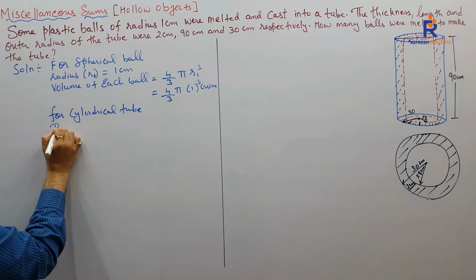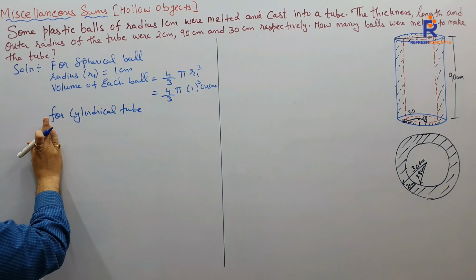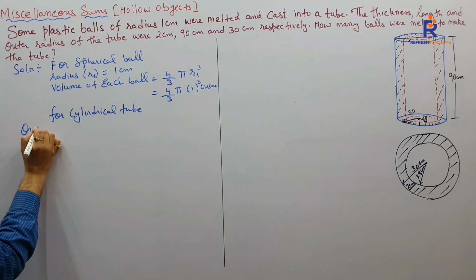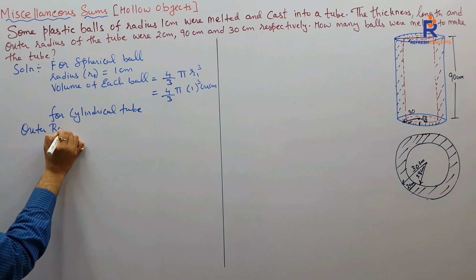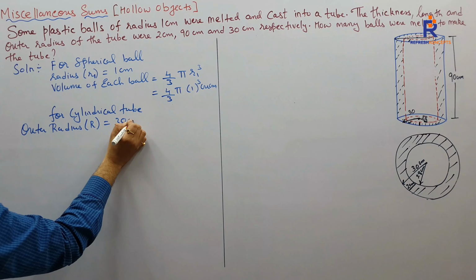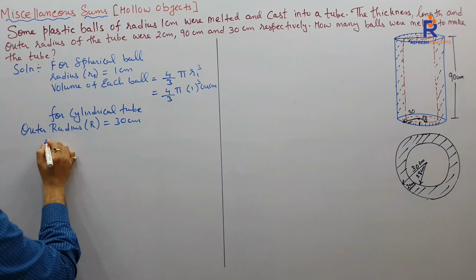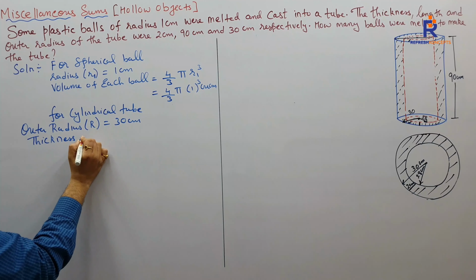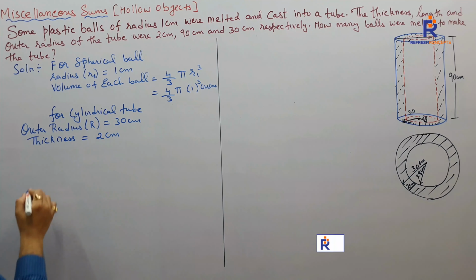What is the outer radius? So let me write down outer radius. Be very specific. Outer radius, capital R, is 30 centimeter from their side. They have stated thickness, given to us. How will I get the inner radius?